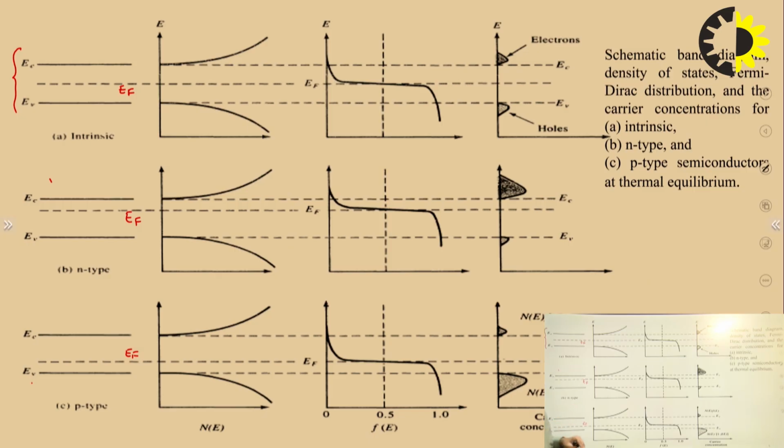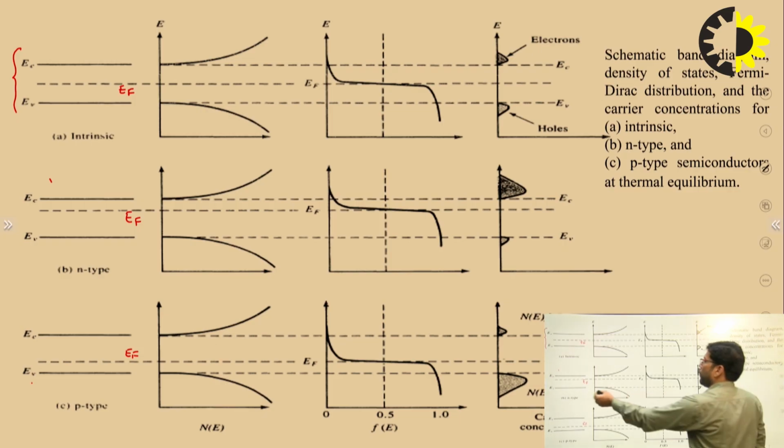If I ask about the concentration levels of the carriers, you can clearly observe here that for the intrinsic semiconductor, the carrier concentrations of electrons and holes are always equal. You can clearly observe the carrier concentration in this diagram is made equal, right? So we can say the concentration of electrons will always be equal to the concentration of holes in the case of intrinsic semiconductor.